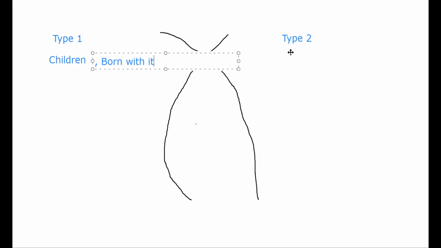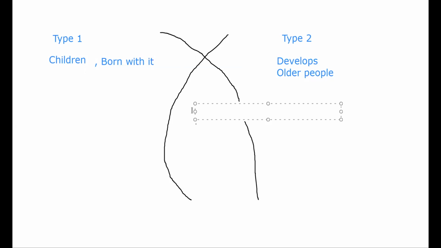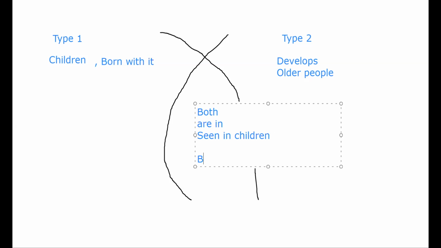Type 2 generally develops, so it's generally older people. I guess what's scaring doctors is that both are being seen in children. Both need to monitor their diet.